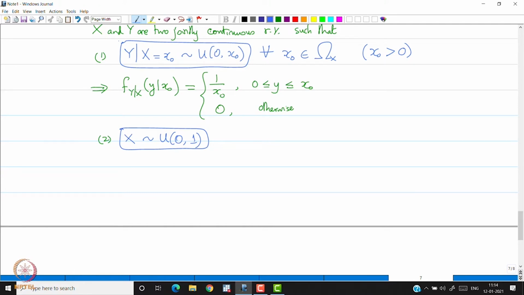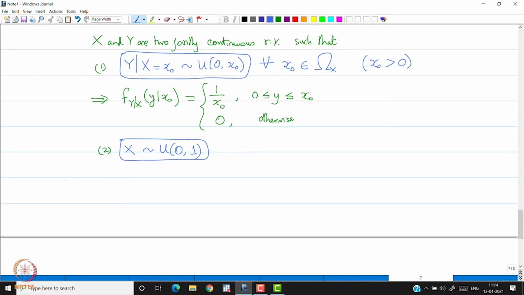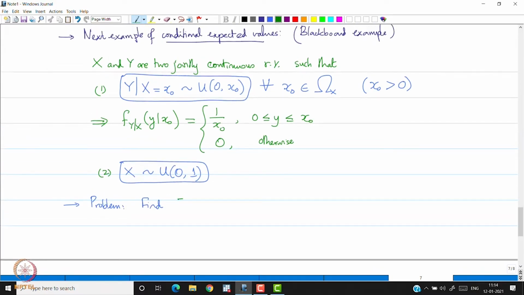So the question is to find the conditional expectation of X given Y equal to y naught. Find the conditional PDF of X given Y equal to y naught.